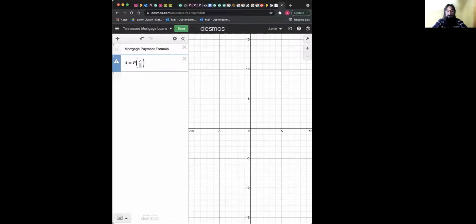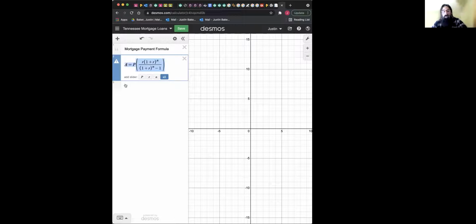In that fraction, I'm going to type r times (1 plus r) to the n power. And on the bottom, I'm going to type (1 plus r) to the n minus 1. That's just so that we have the formula typed out perfectly.